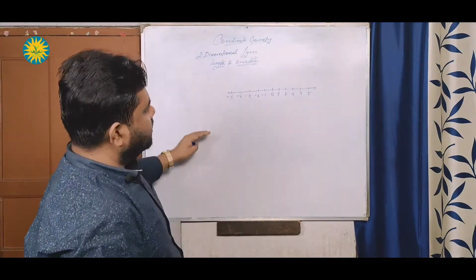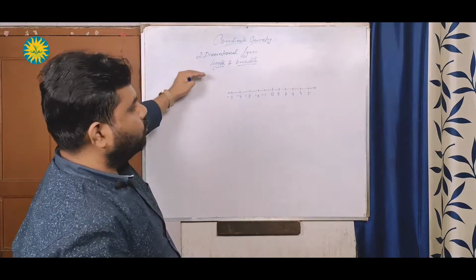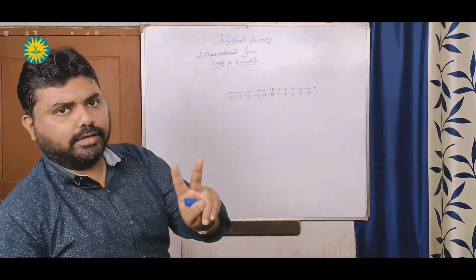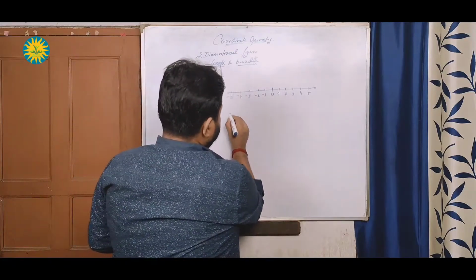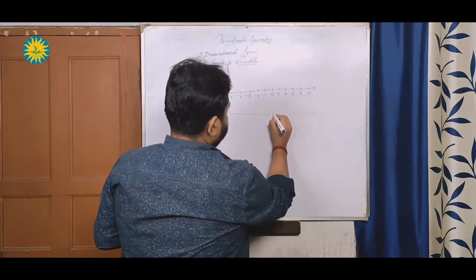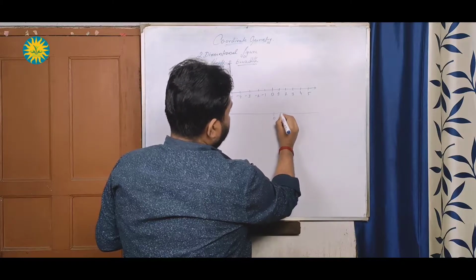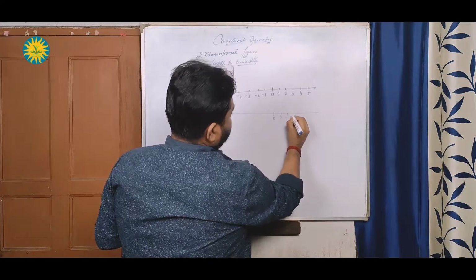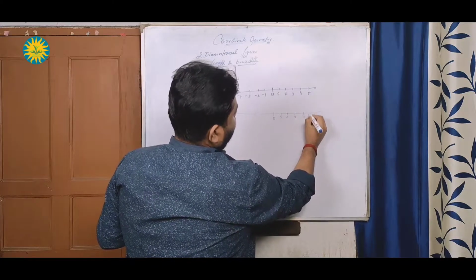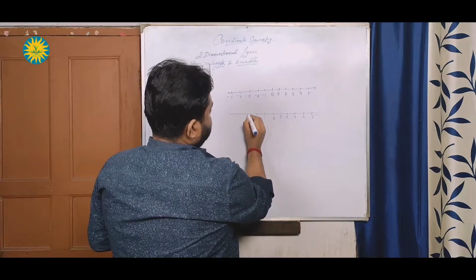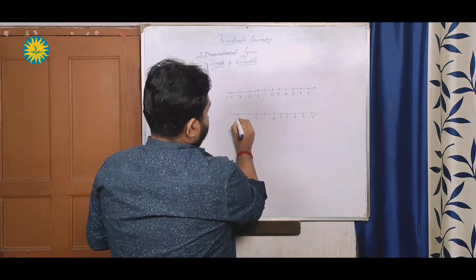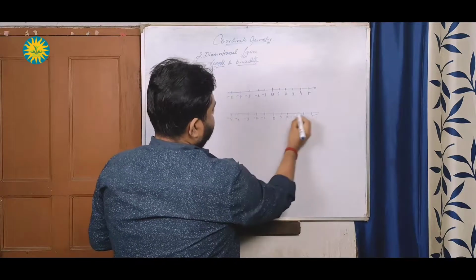In the case of the coordinate system of a two-dimensional figure, we have to take two separate number lines, same 0, 1, 2, 3, 4, 5, -1, -2, -3, -4, -5.